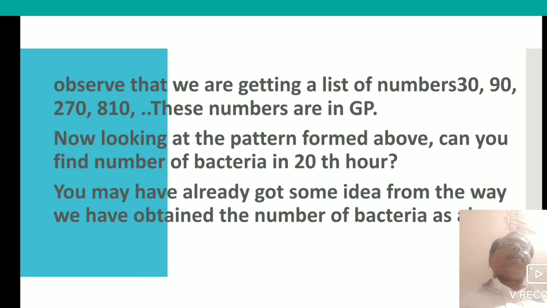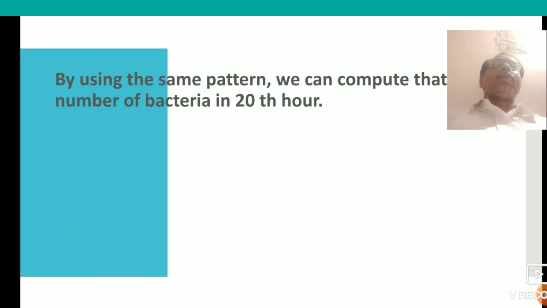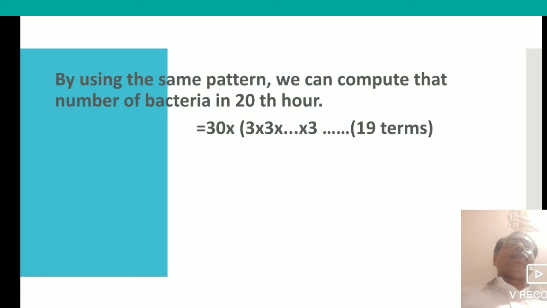So you may have already got some idea from the way we have obtained the number of bacteria above. Now by using the same pattern, we can compute that the number of bacteria in the 20th hour is 30 into 3 into 3 into 3 and so on, 19 terms.